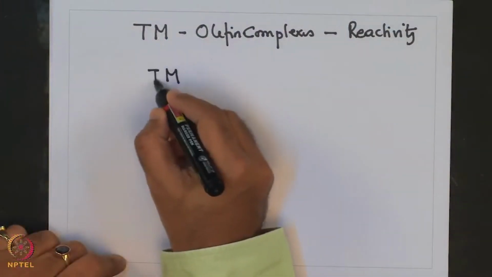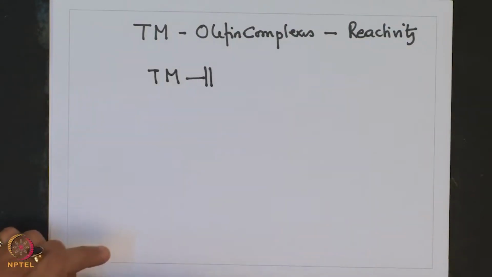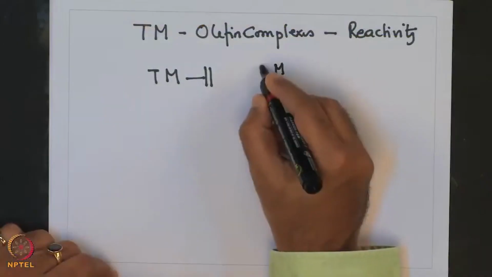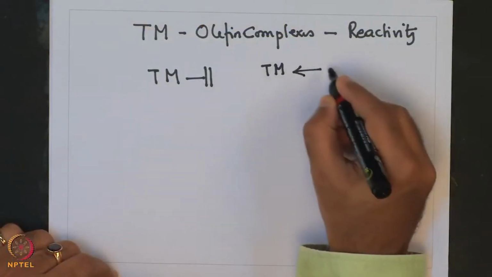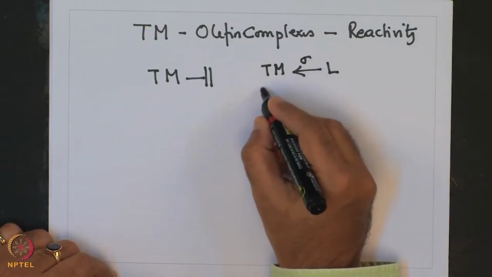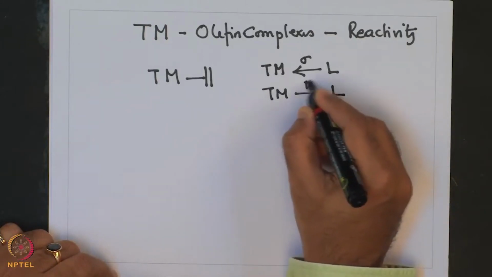Now, these olefins, when they bind to transition metals, undergo two kinds of interaction. One is ligand to metal sigma interaction, as well as transition metal to ligand pi back donation.